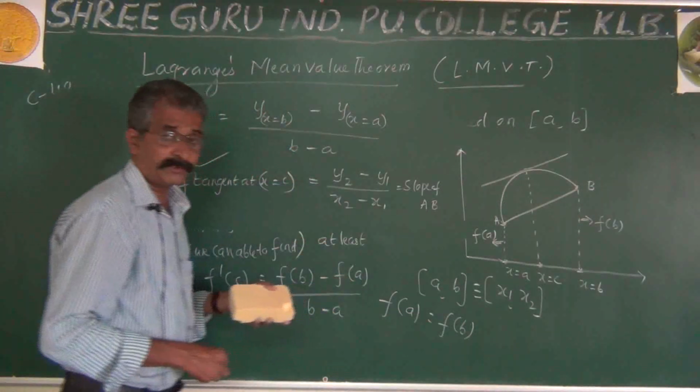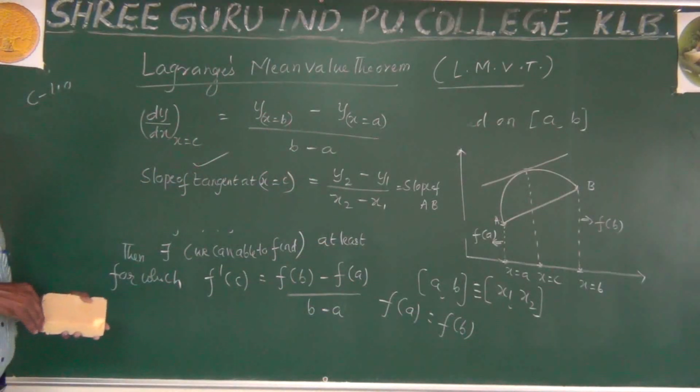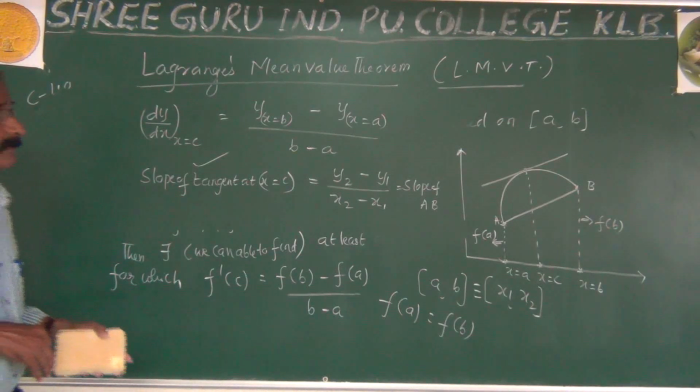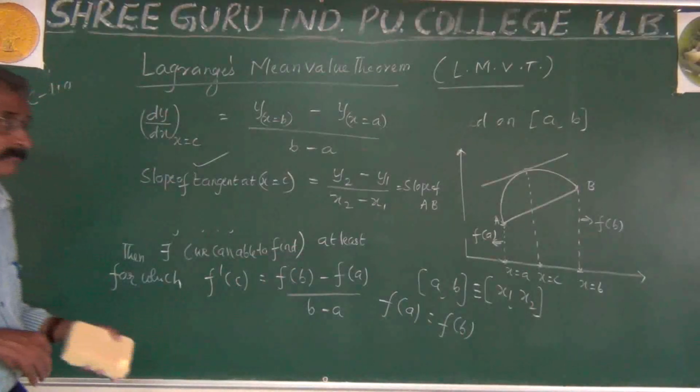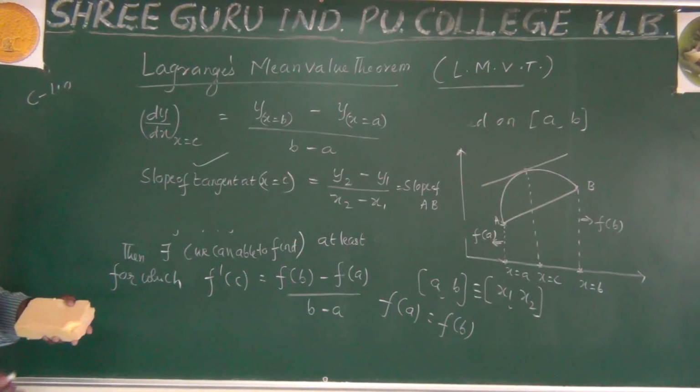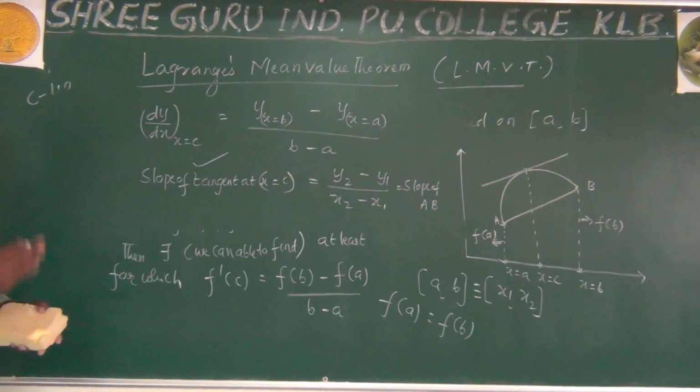So Rolle's theorem can be taken as a particular case of Lagrange's theorem. In particular, if f of a equal to f of b, then obviously Lagrange's theorem switches to Rolle's theorem. So there is not much difference between Rolle's and Lagrange's.